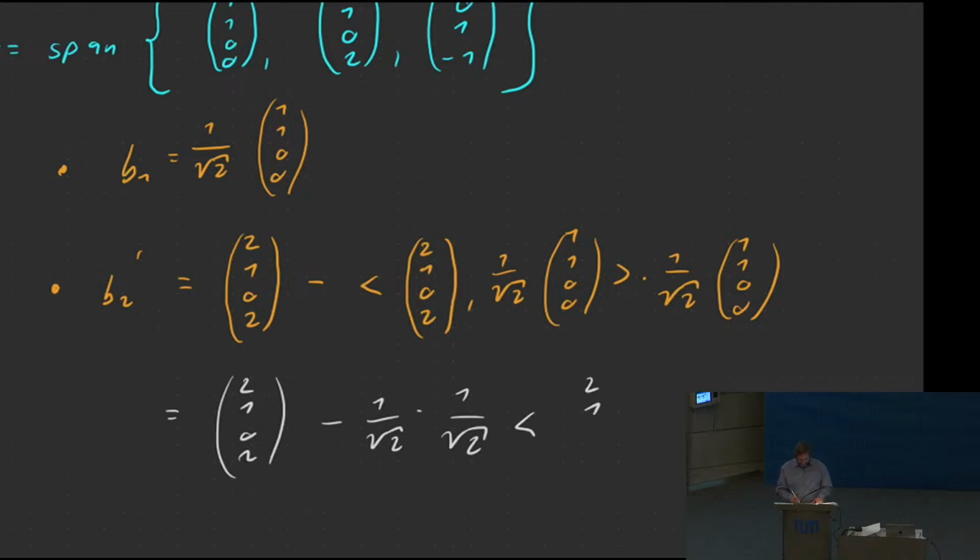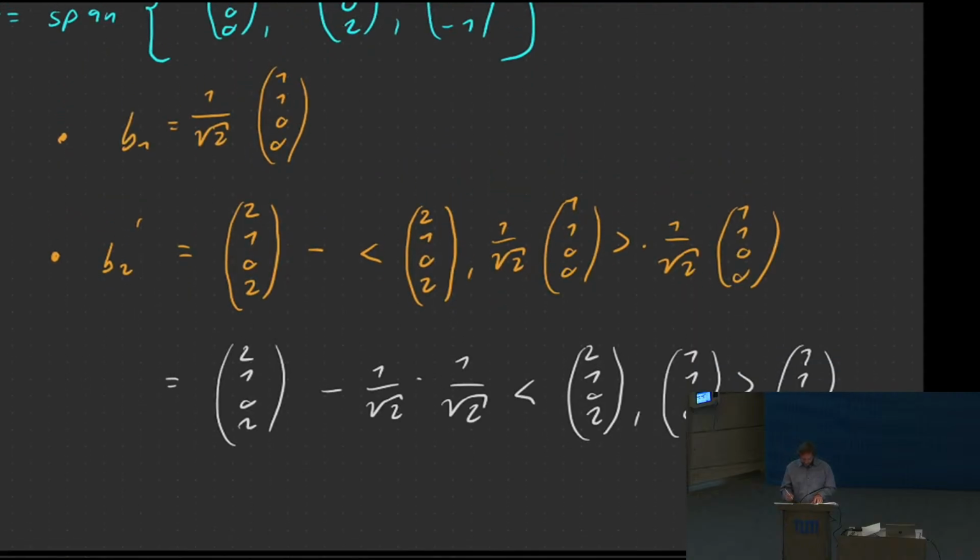Times, let me just write that once again to make sure you all get that intermediate step here, this scalar product times the vector. Right? So now the normalization factors have moved here, and that's all that has happened in that step.